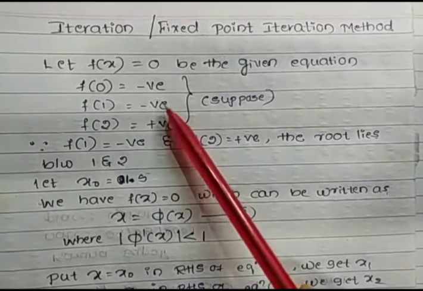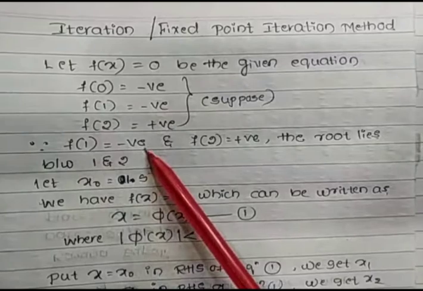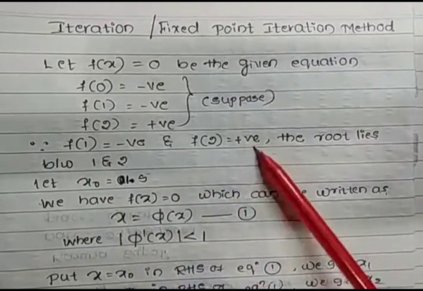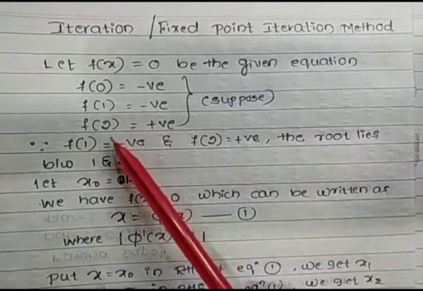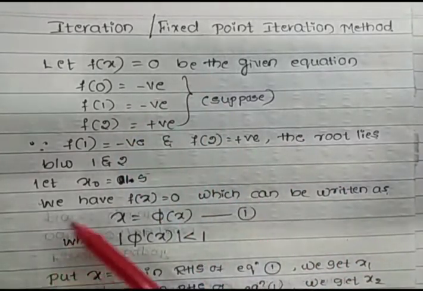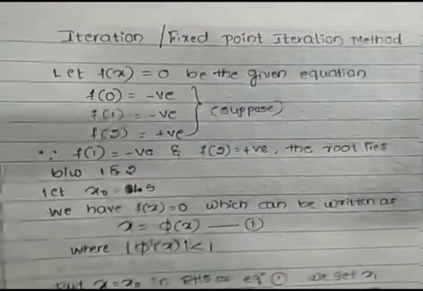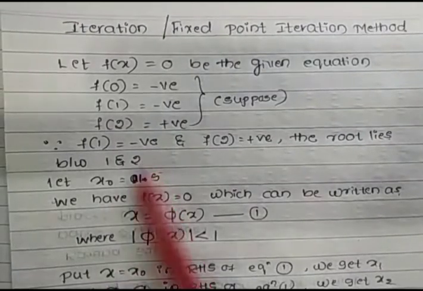Here f of 1 is giving us a negative value and f of 2 is giving us a positive value. Therefore, the root lies between 1 and 2. Whatever the answer we calculate, that answer will be more than 1 and less than 2.